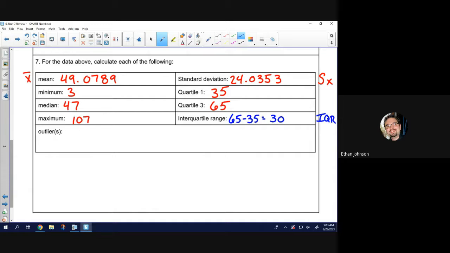We're going to take that IQR times 1.5. It will always be 1.5. 30 times 1.5 gets us 45. And there are 2 things we're going to do. We're going to take our Q1, the 35, minus that 45. Doing so, we get negative 10.